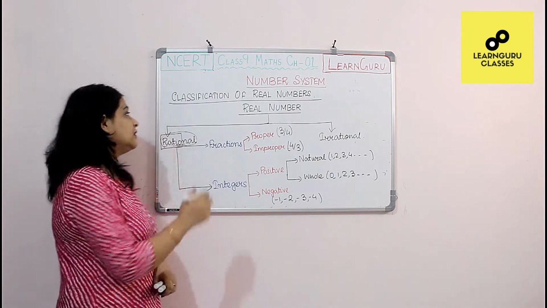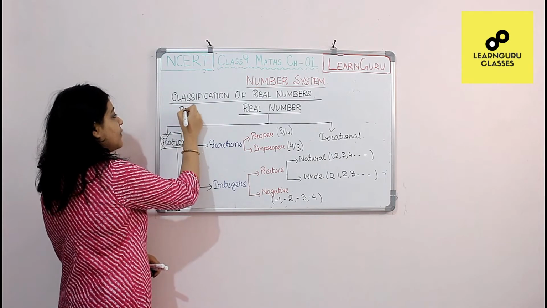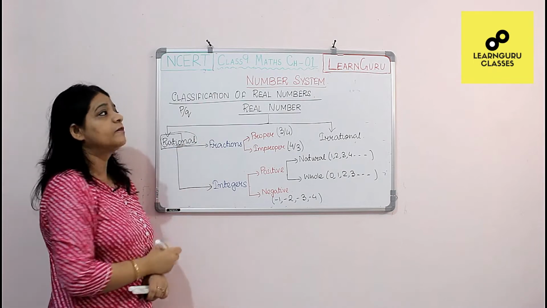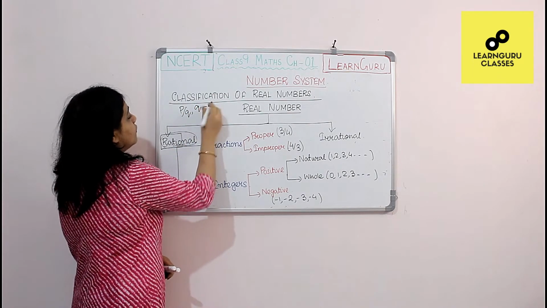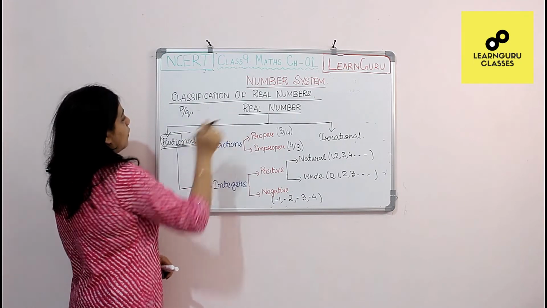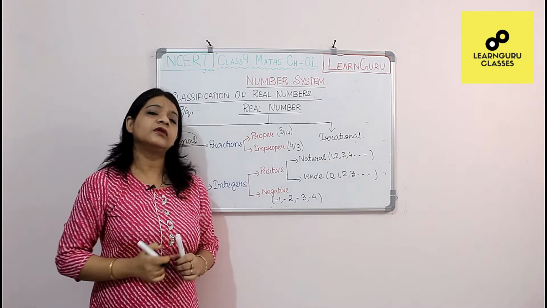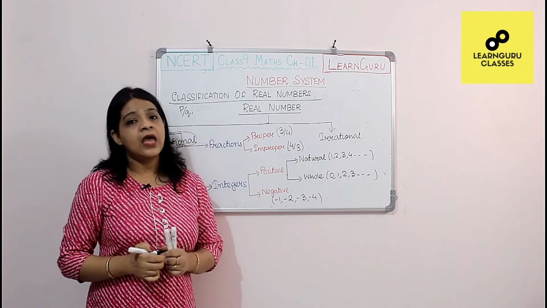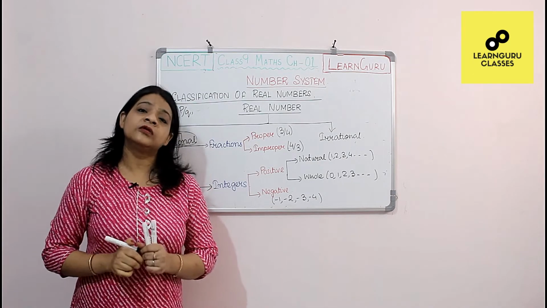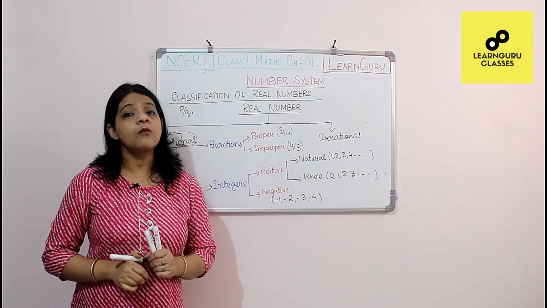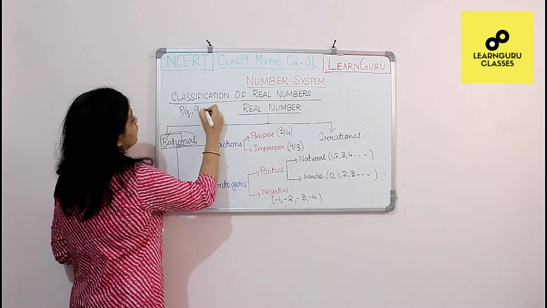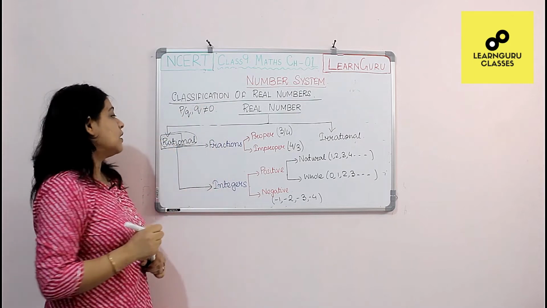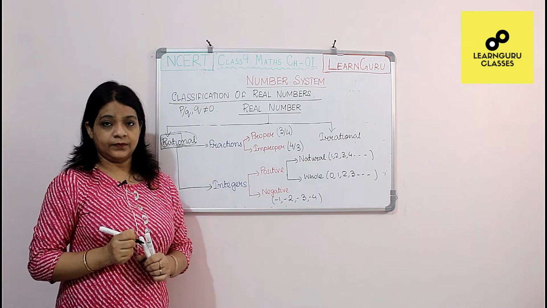It is expressed in the form of P by Q. Now how will you define a rational number? Any number that can be represented in the form of P by Q, where Q is not equal to 0, is called a rational number.